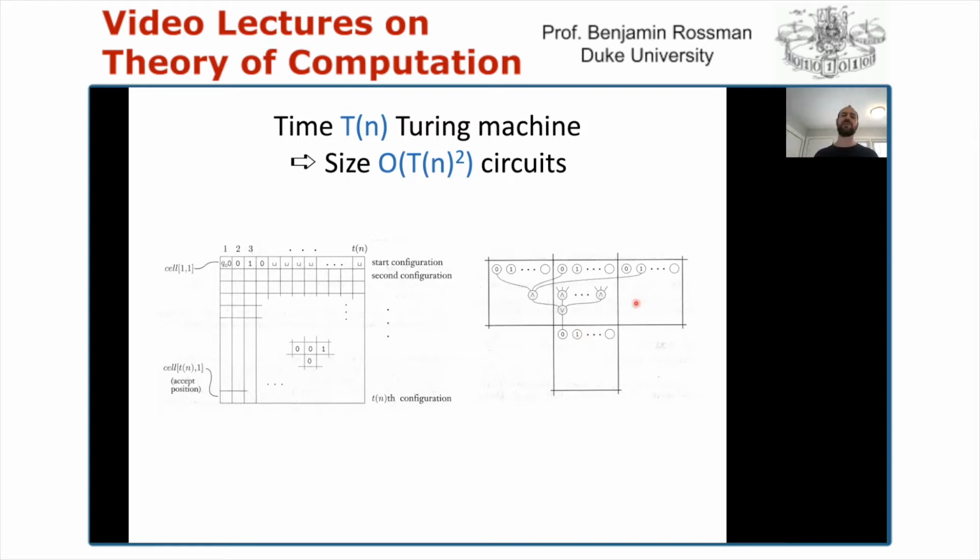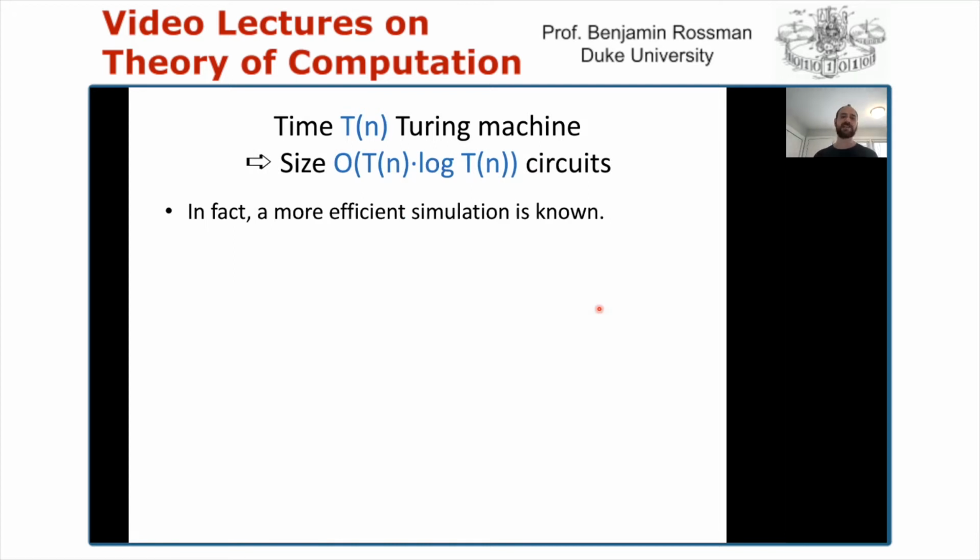Here I note that in this circuit illustration, the wires are being drawn pointing downwards. In the rest of this lecture, I'm drawing my circuits the other way with wires pointing up. But anyway, you get the idea. This is just a sketch of how this simulation works. And we can see that the size of the resulting circuits is T of n squared.